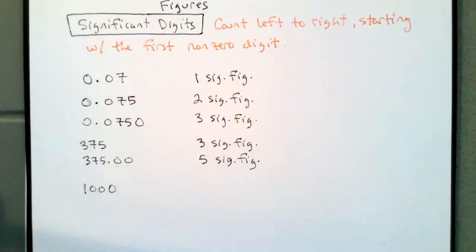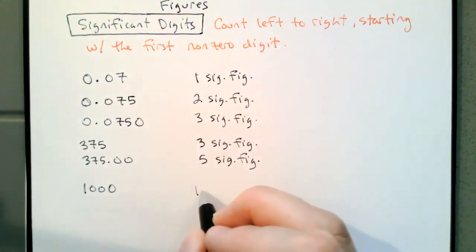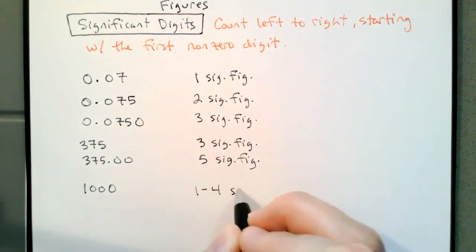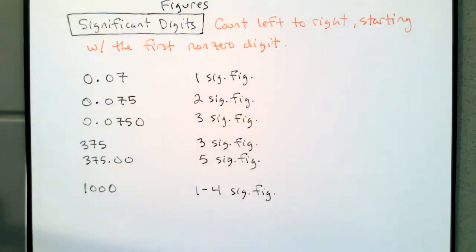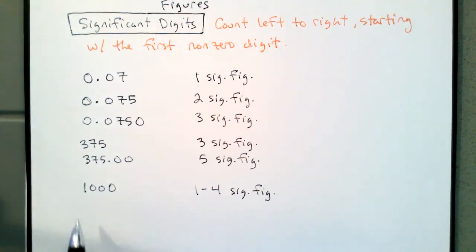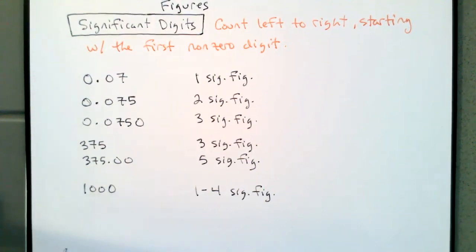If I just write 1000, this is at least one significant digit, but it could be up to 4. So the precision of this number, just writing 1000, is not clear. It's 1 to 4 significant figures. We don't know if we should count these zeros as significant or not.